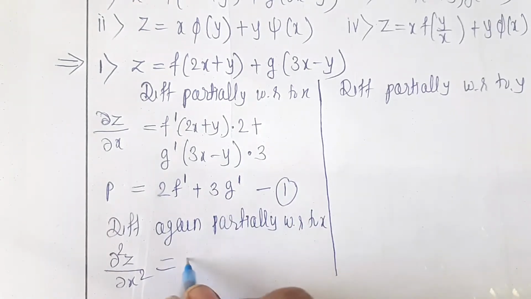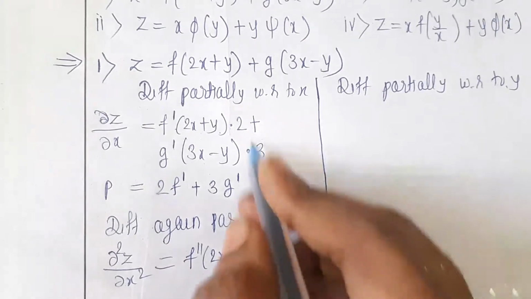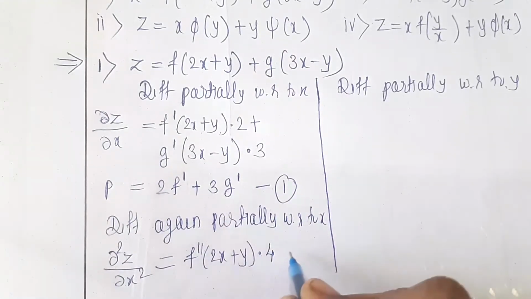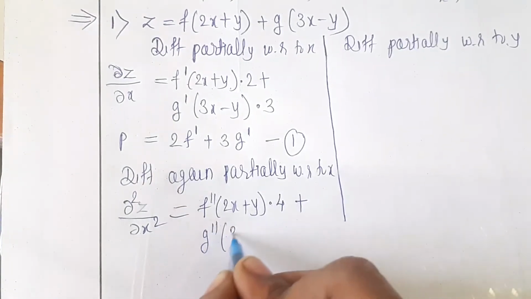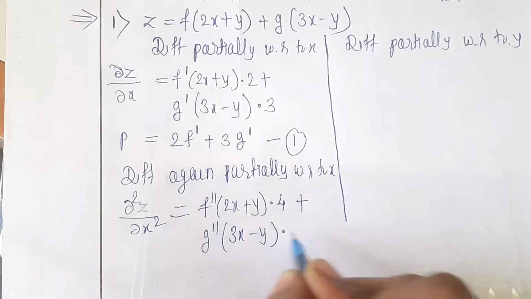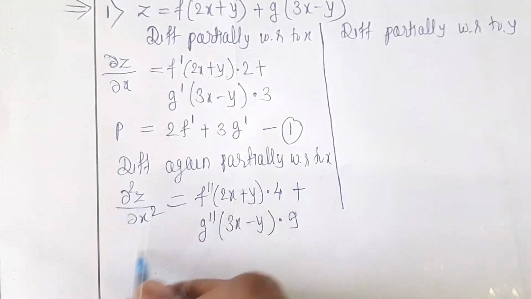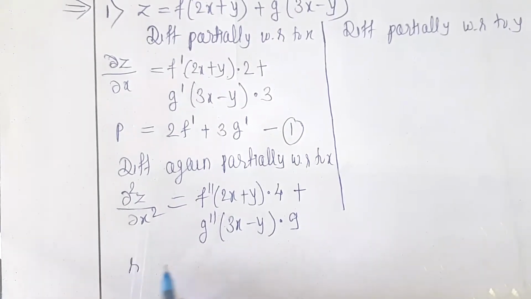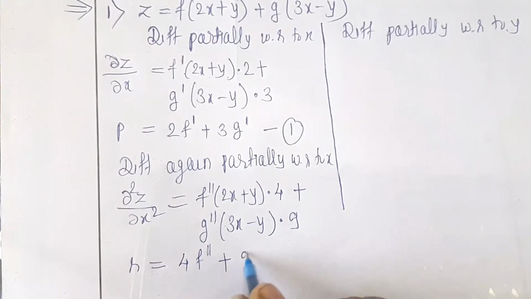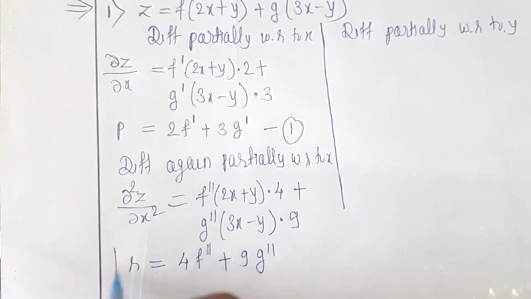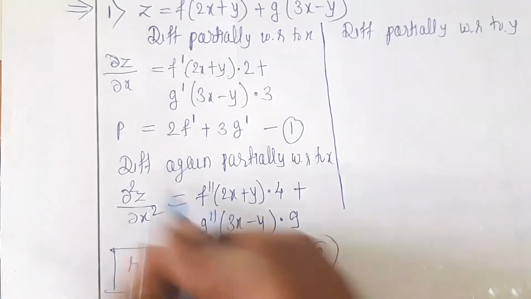It is f double dash of 2x plus y multiplied by 2, already 2 is there, so it becomes 4, plus g double dash of 3x minus y multiplied by 3 into 3, which is 9. So del 2z by del x square can be denoted by r. So we get r is equal to 4 times f double dash plus 9 times g double dash. We obtained this as another equation after differentiating twice, that is equation number 2.